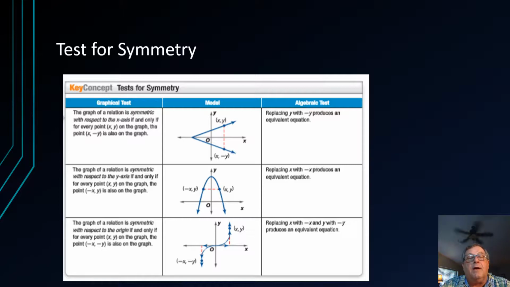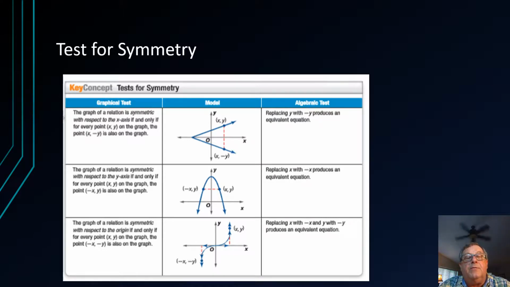And so here, before we get into some specific examples, let's just look at three examples of symmetry. Now, in this first one on the top, when I look at it, well, I can fold it. If I folded it along the x-axis, then it would match evenly.